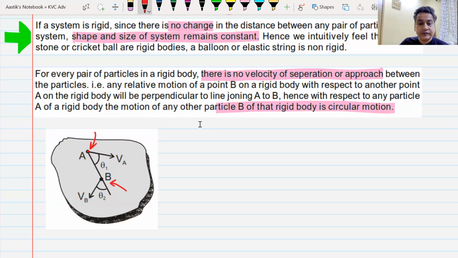No one knows this? There is no velocity of separation or velocity of approach.